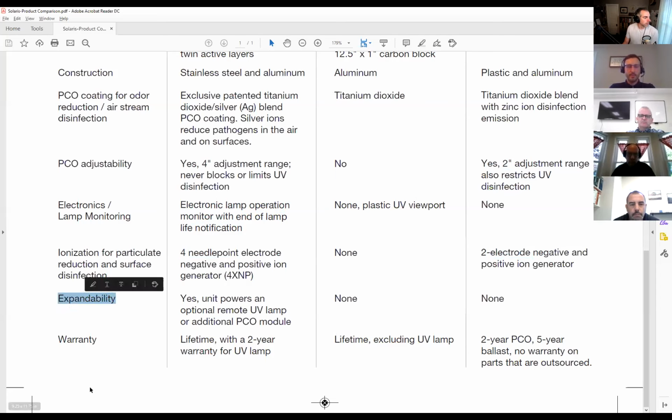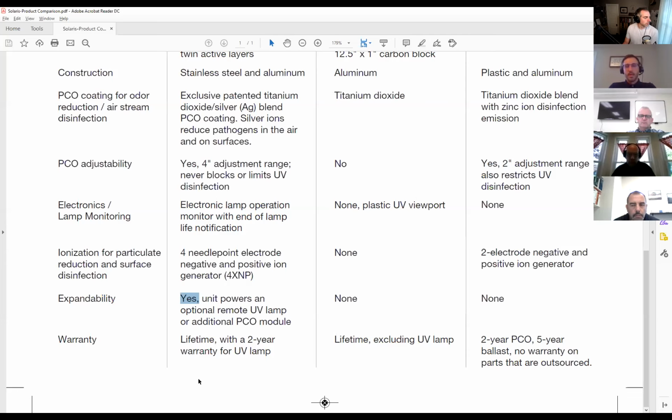Expandability, this is something we've just previously spoken about, with the ability to add an additional UV lamp onto this. We know how important it is to treat the airstream, and we know how important it is to treat the surface when it comes to coils as well.